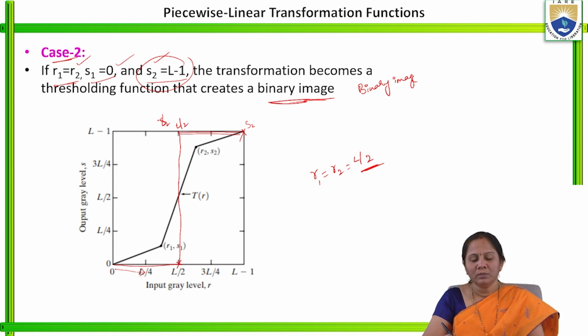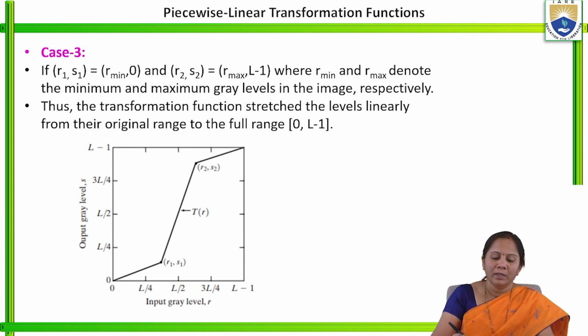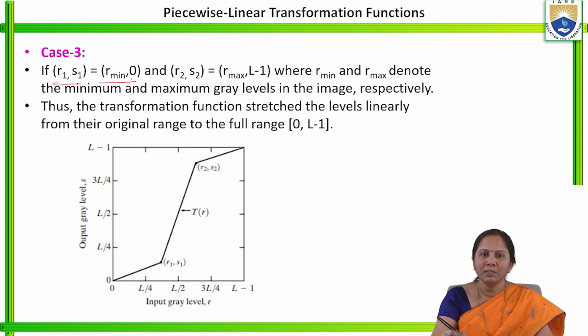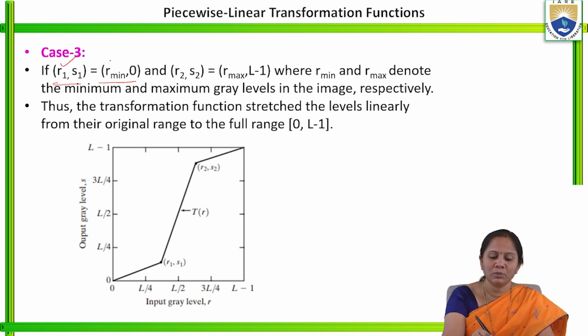And coming to the third case, in this case the value of R1, S1 is equal to R minimum, comma 0. That means R1 is equal to R minimum. Here this is the axis of R. R minimum means it may be the minimum value of R, and S1 is equal to 0. So the minimum value of R will be R minimum, which is equal to 0.